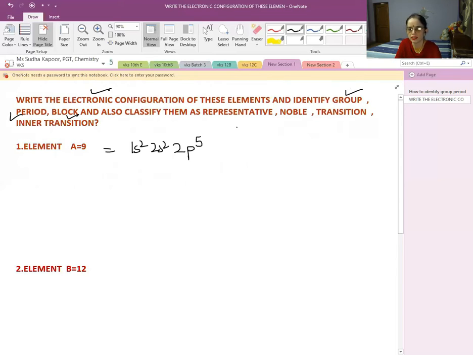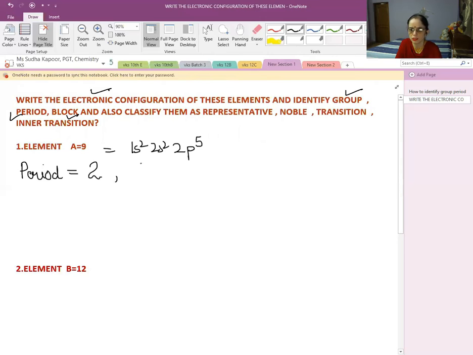We usually write it as 2px2, 2py2 and 2pz1, but for identification of group and period, we can use 1s2, 2s2, 2p5. First we start with the period number. Period is equal to the principal quantum number, so it is 2.